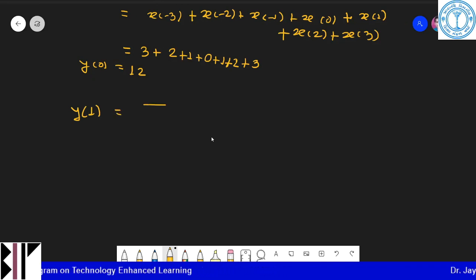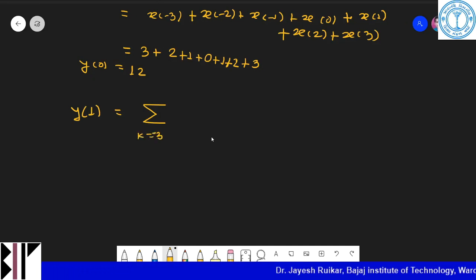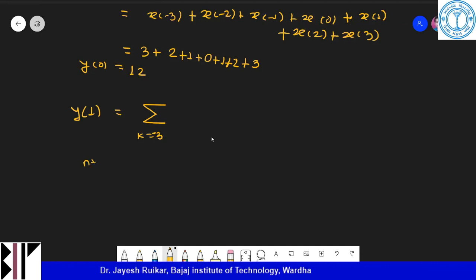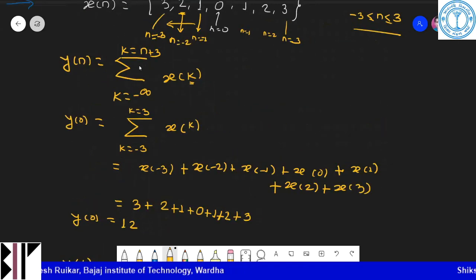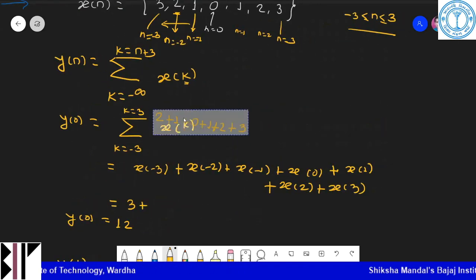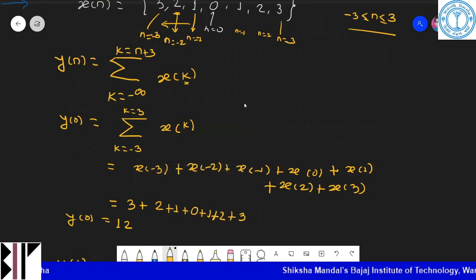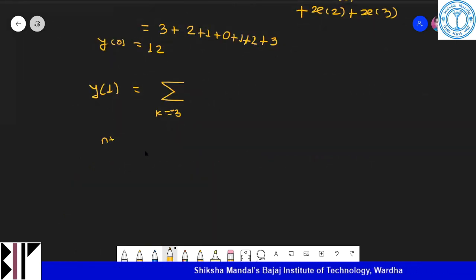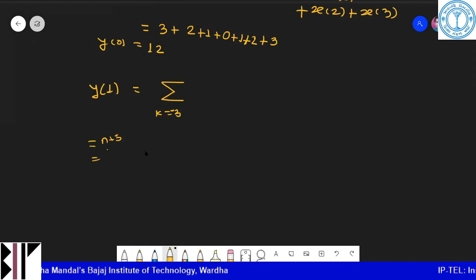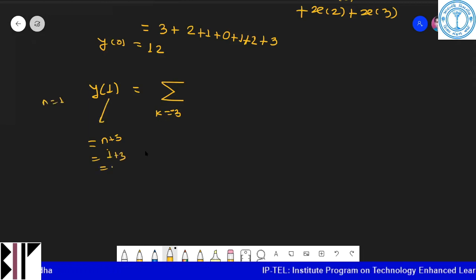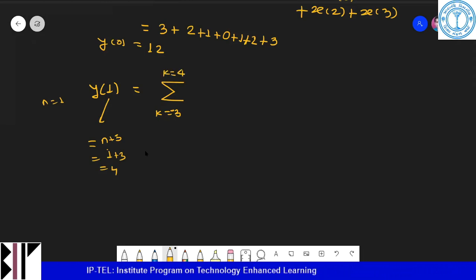Y of 1 is nothing but the summation from k equals minus 3 to n plus 3. Here k equals n plus 3, and we have put n equals 1, so 1 plus 3 equals 4. So k goes from minus 3 to k equals 4 here.